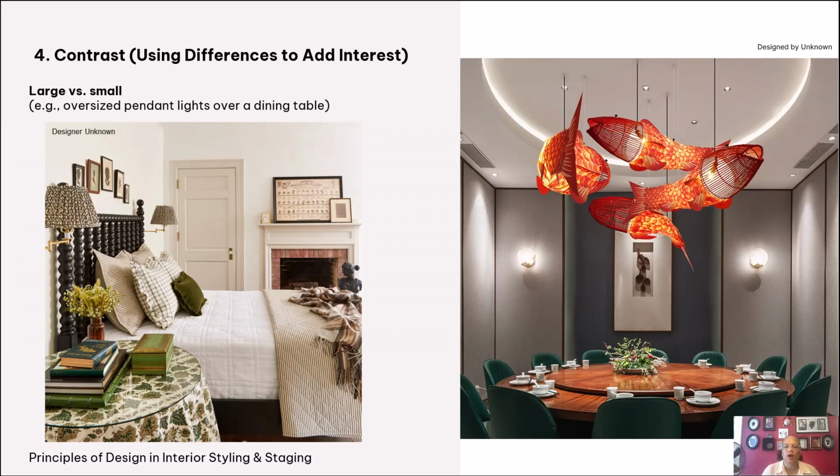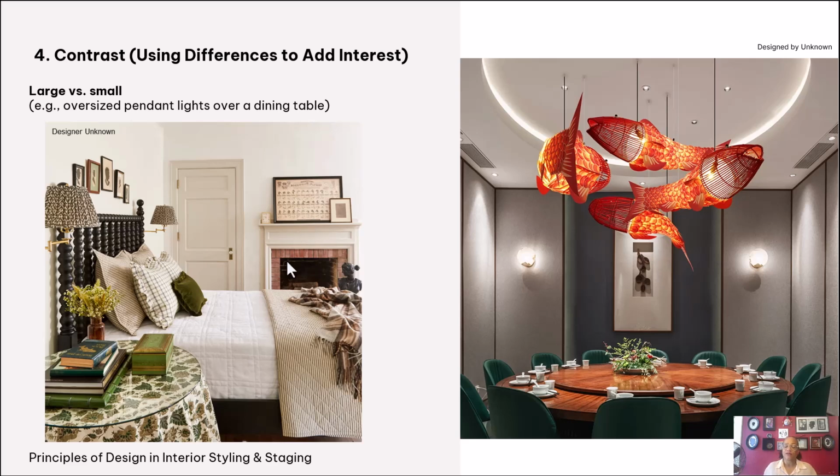So contrast, large versus small. I really liked this picture because I think it emphasizes a lot of things that we've talked about. We have contrast of print here, large print, small print, contrast of textures in the bedspread, contrast of textures in this lamp versus the headboard. But then we also have these little tiny pictures above the headboard that I thought were really interesting.